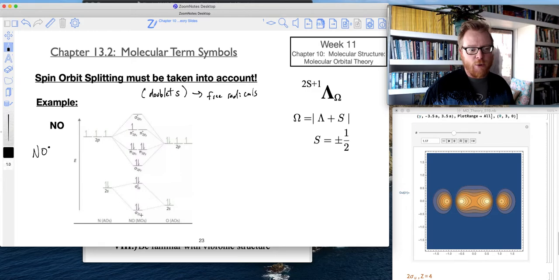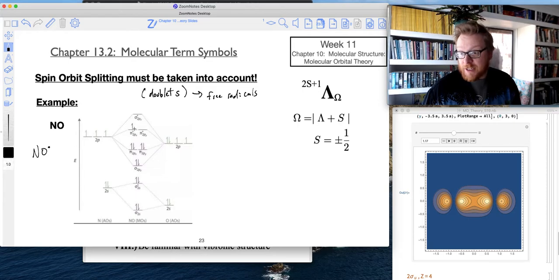So we know that the two sigmas are going to wash out to be 0. We know that all of these bonding electrons are going to wash out to be 0, right? 0 plus 0, and -1 and -1, and +1 and +1. Those are all going to turn out to be 0. But now we've got one electron in the X. I can call that -1 or +1.